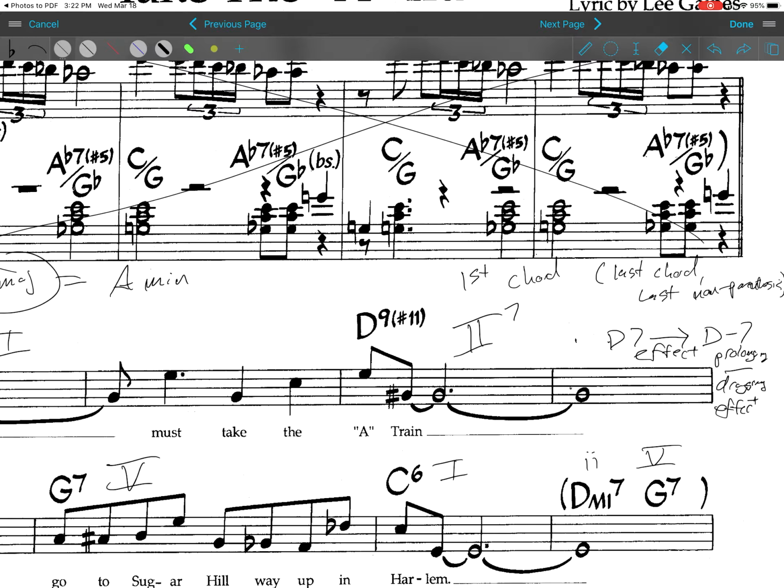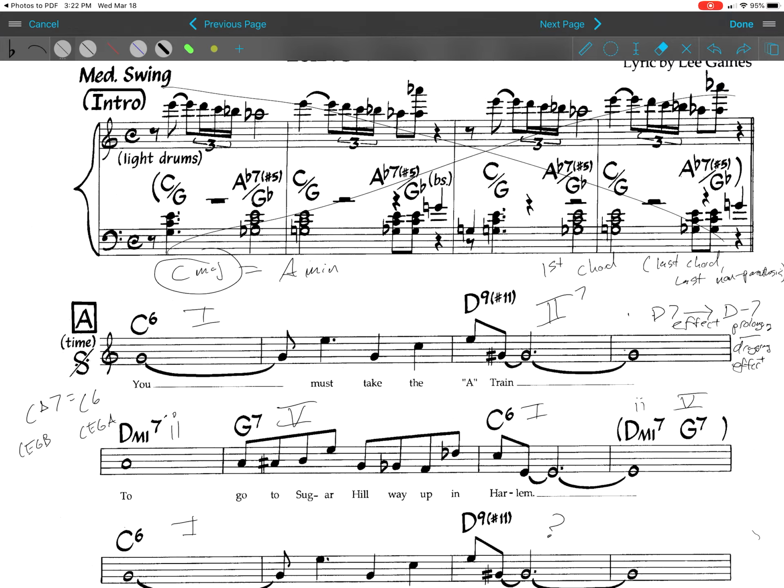Now I'm going to go to 1 again. I'm going to go to 2. Now I'm going to go to 5, which is G7, and back to 1. Okay? So when you're following the rules of the Roman numerals really strictly, guys, it often only has so many choices as to where you can go, because the harmony has such a strong leading force.